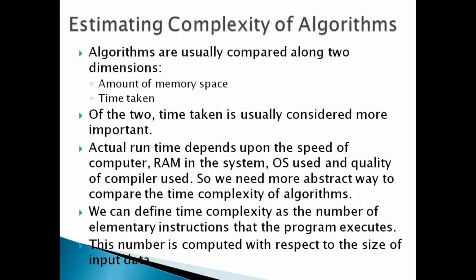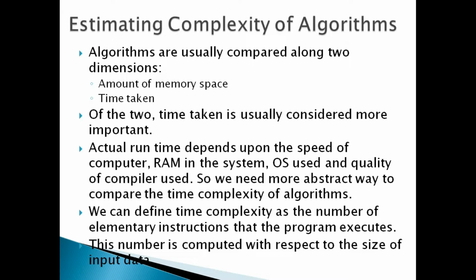Okay, so the number of instructions that are executed to perform a particular task will be considered as the time complexity. The algorithm that will take less number of steps or less number of instructions to complete that task will be preferred. This number is computed with respect to the size of input data.